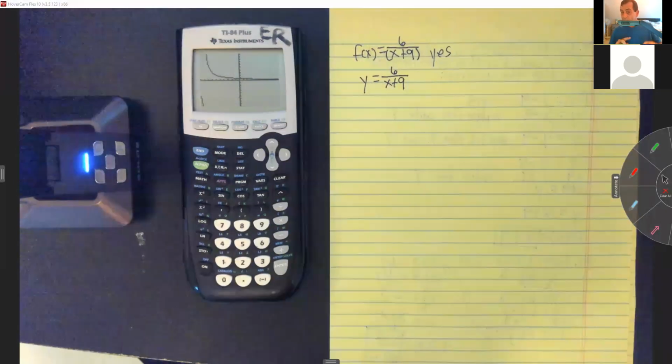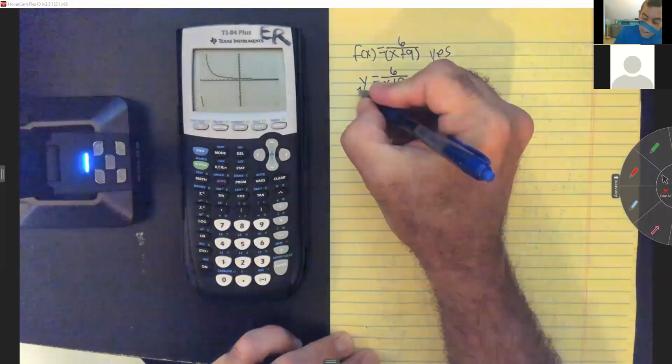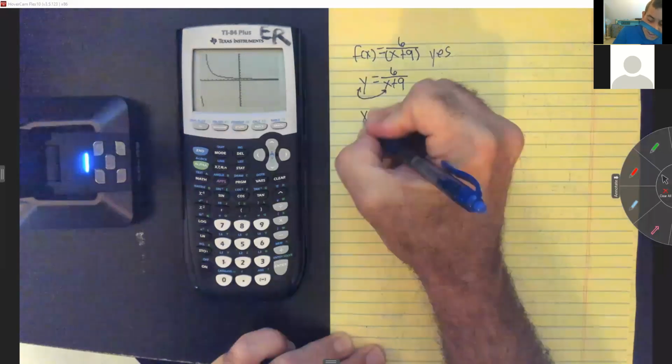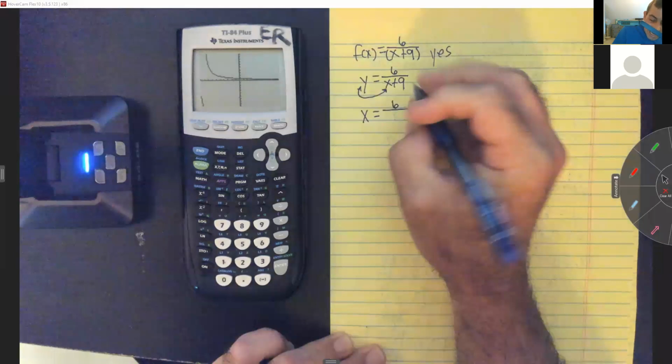Then switch the x and the y around so that I get x equals 6 divided by y plus 9.